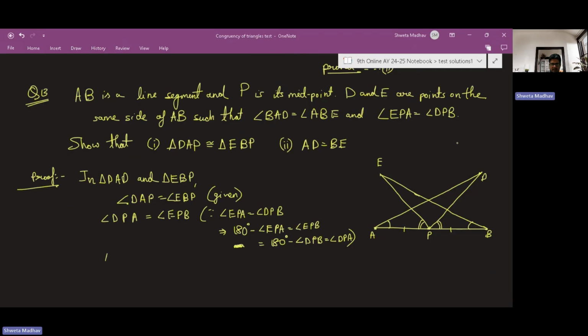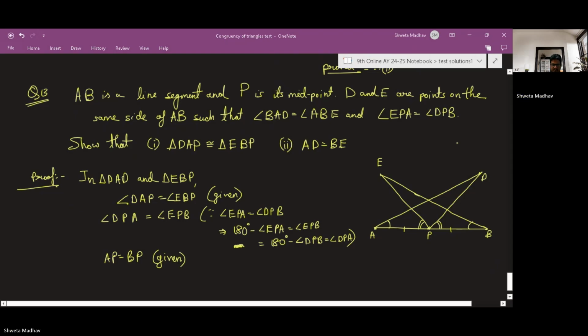And AP is equal to BP, since it is given that P is the midpoint of AB.